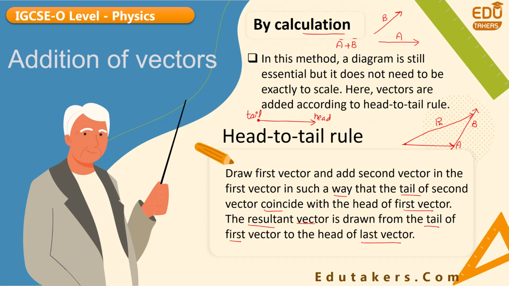The resultant vector is drawn in such a way that its tail will coincide with the tail of the first vector and its head will coincide with the head of the last vector. So in this way you can add a large number of vectors. Here I only consider the two vectors A and B, but a large number of vectors can be drawn in this case. Next we see the example related to that, how the vectors are added by calculation.